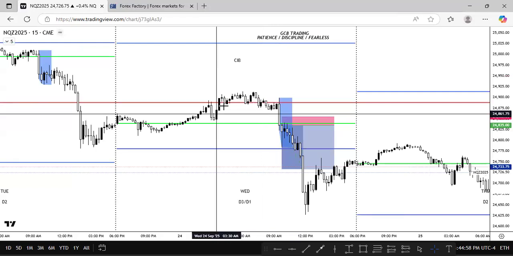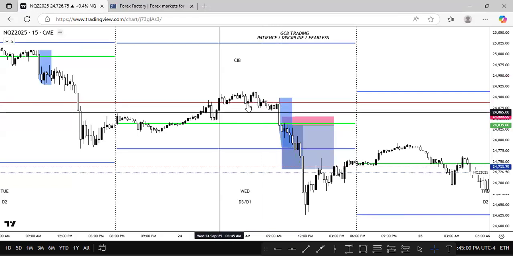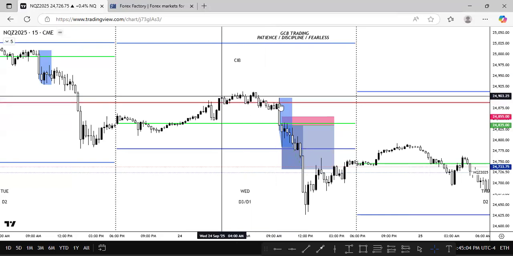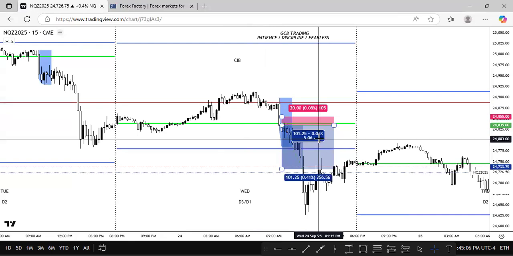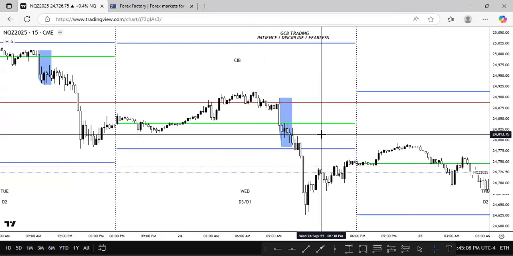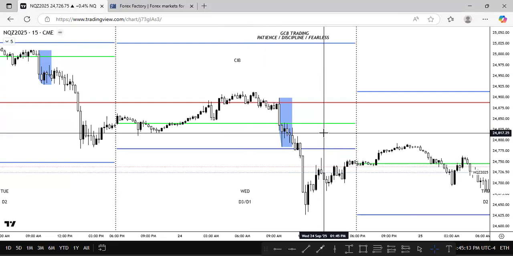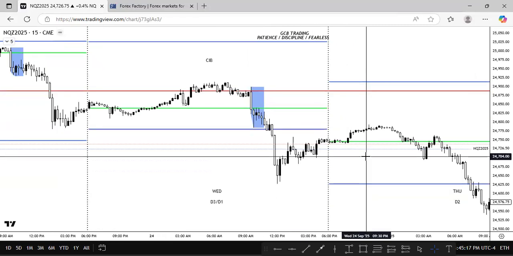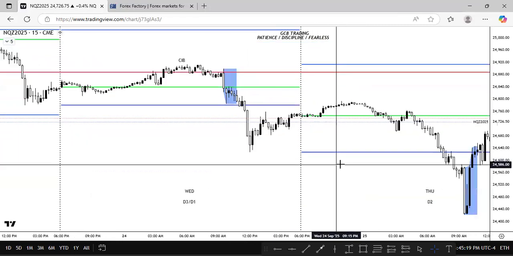Pump, coil, dump. Same setup that I'm looking for, guys. Nothing changes.